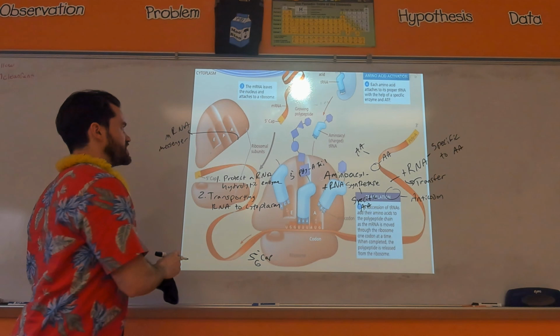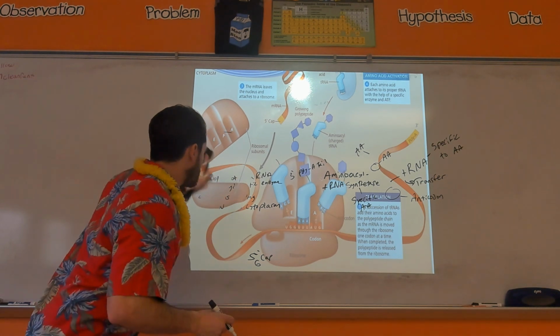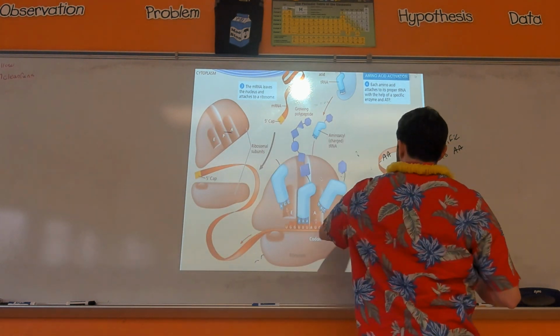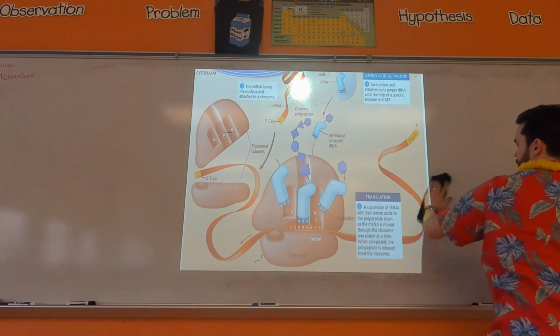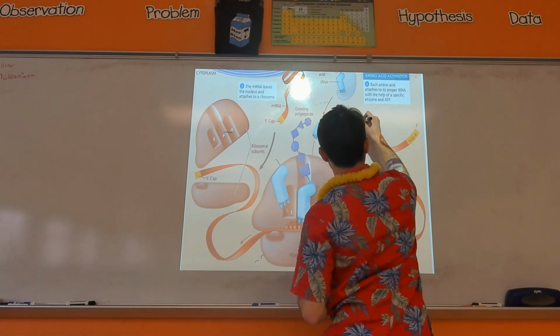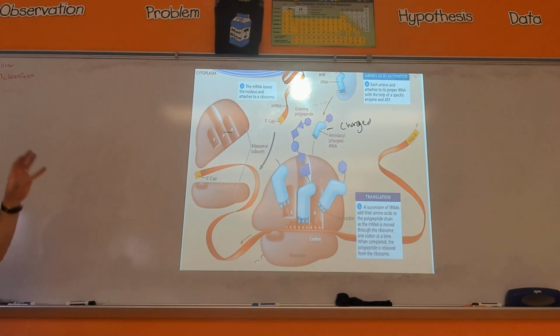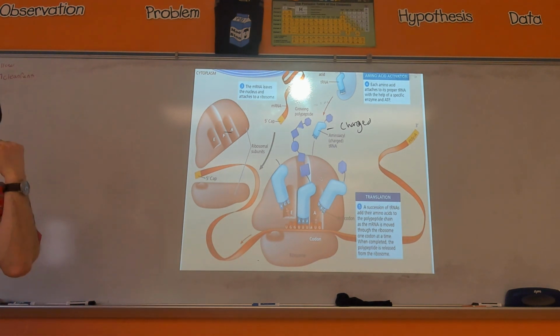So, getting into translation, we have our mRNA that's undergone the splicing and stuff. We have our tRNAs, and we call them charged tRNAs when they have their appropriate amino acid. This is a charged tRNA. Now then, we will have our ribosome. The ribosome is the main thing doing translation, where the ribosome has two parts.